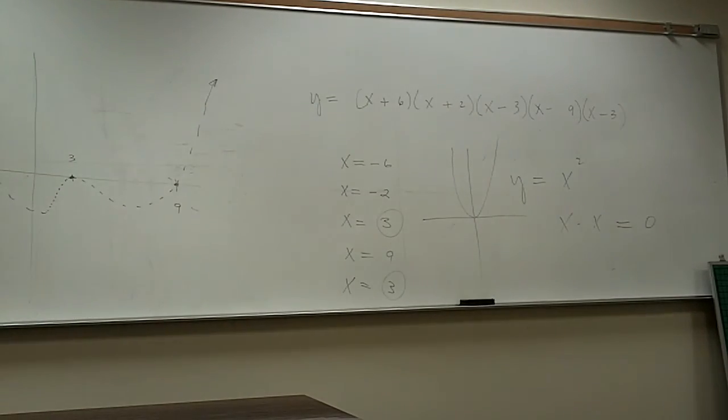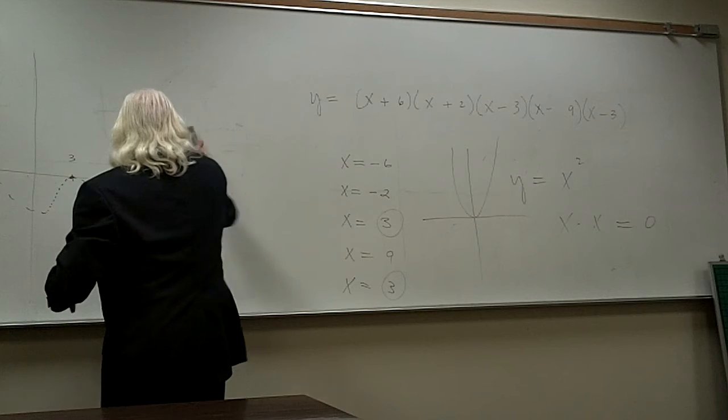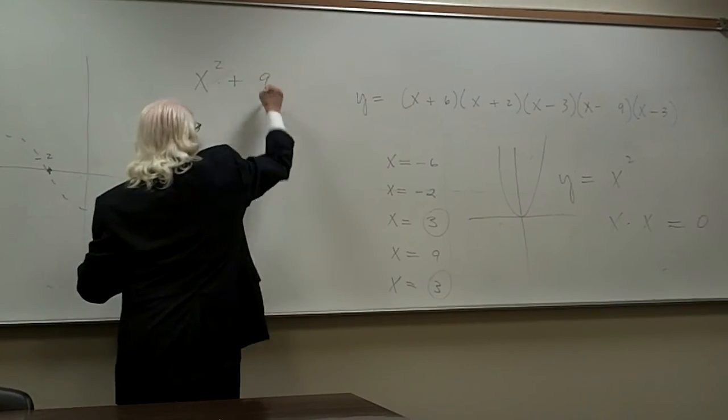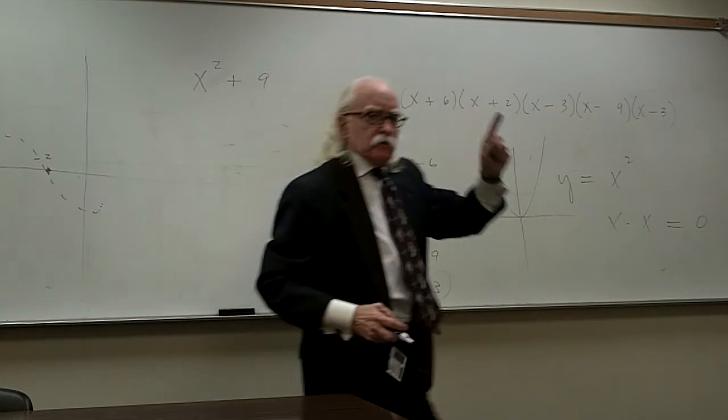Do you see why? You can always, always, always factor the difference between two squares. Do you recognize that? Why? Why can you not factor the sum of two squares?